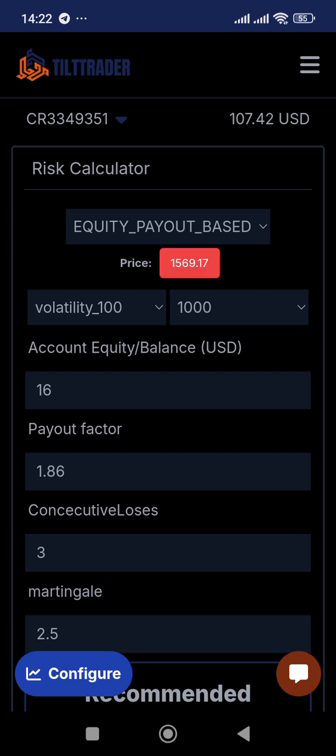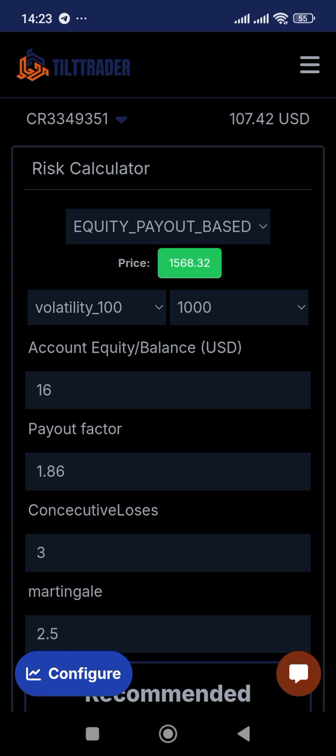Most of the time it's about the consecutive losses, because let's assume you want to place 20 trades, and your strategy has a win rate of 50%. For those 20 trades, it will actually have a win rate of maybe 50%. But say the first 10 trades are losses, and then the second 10 trades are wins.